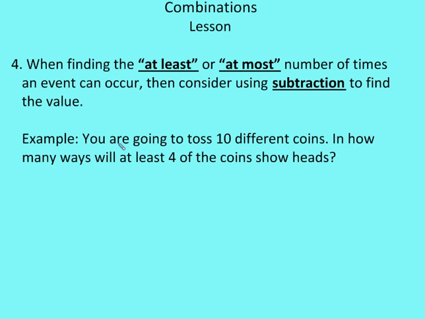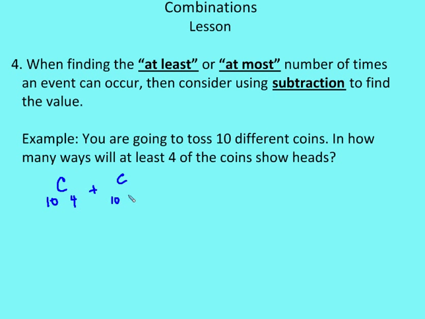All right, so the example is we are going to toss 10 different coins, and how many ways will at least 4 of the coins show heads? Now, I can go through the process and say I have a bunch of different combinations. I have a combination of 10 coins, I can select 4 of those that are heads.